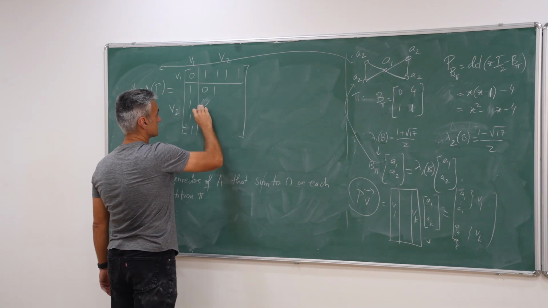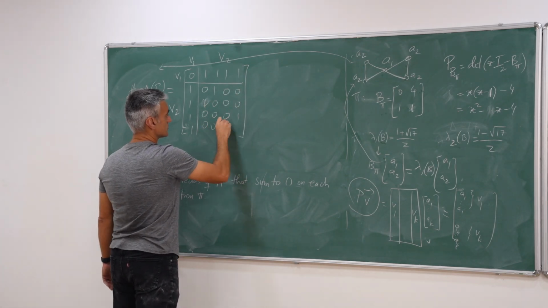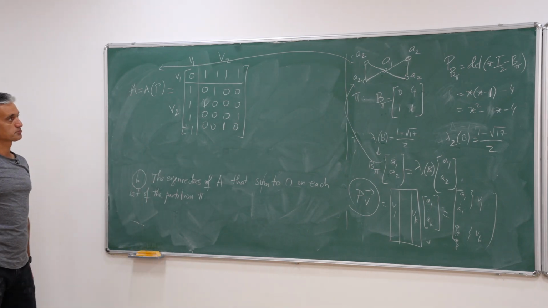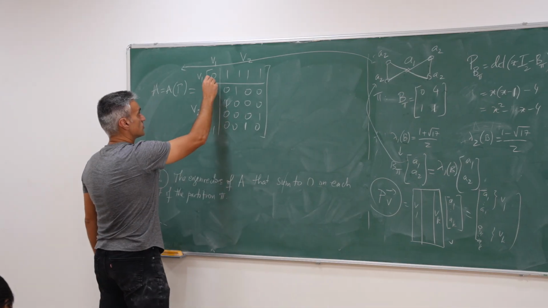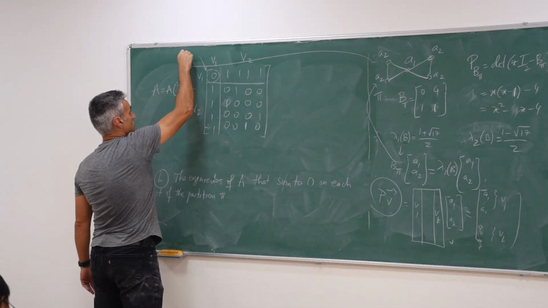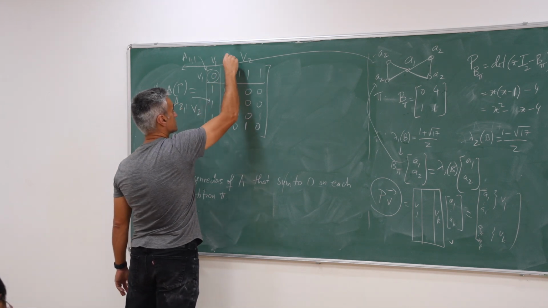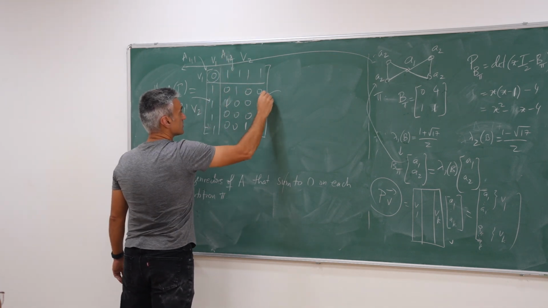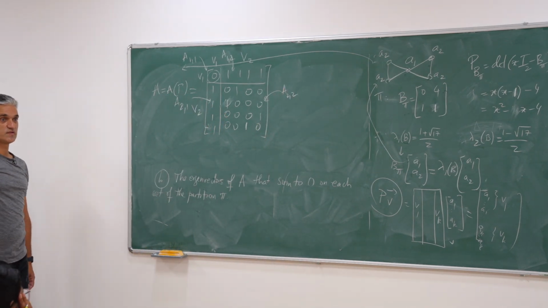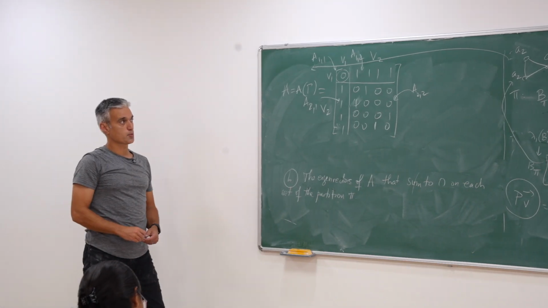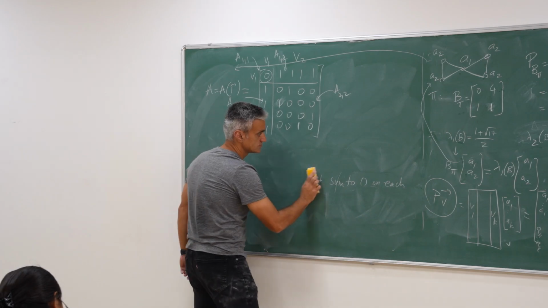So it's 0, 1, 1, 0, 0, 0, 0, 0, 0, 1, 1, 0, something like this. So in this situation, this is the matrix A11. This is the matrix A21. This is the matrix A12, and this is the matrix A22.